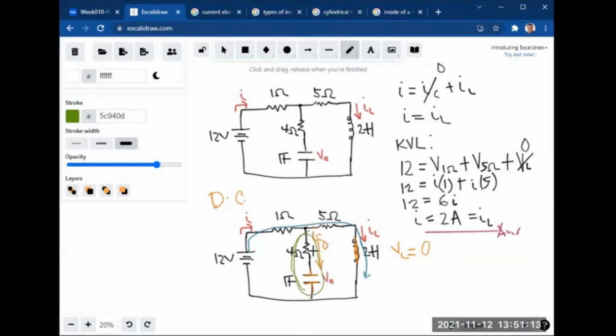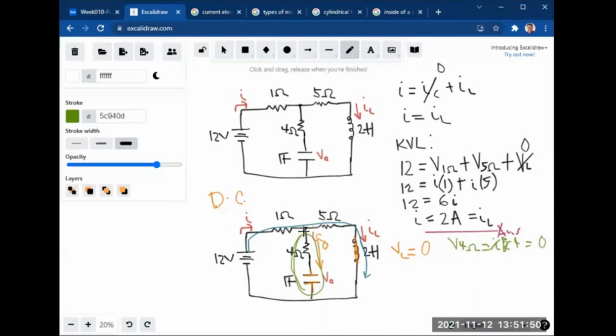Since the current is 0, the voltage at the 4 ohm resistor is IR, where I is 0 and R is 4 ohms, so the voltage across the 4 ohm resistor is 0.